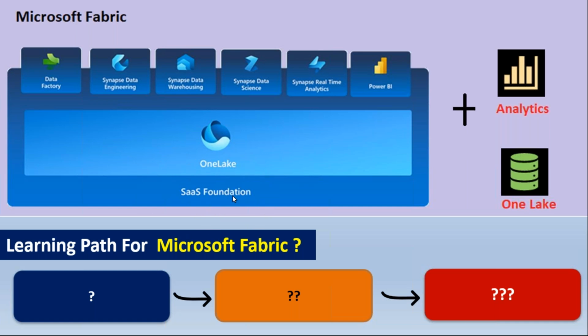Of course, in our classes, we'll understand right from the cloud fundamentals with easy examples. We'll start from cloud fundamentals. We'll understand where the Azure cloud is, where the AWS cloud is, where the Salesforce cloud or the Snowflake cloud is, and where our Fabric cloud is.